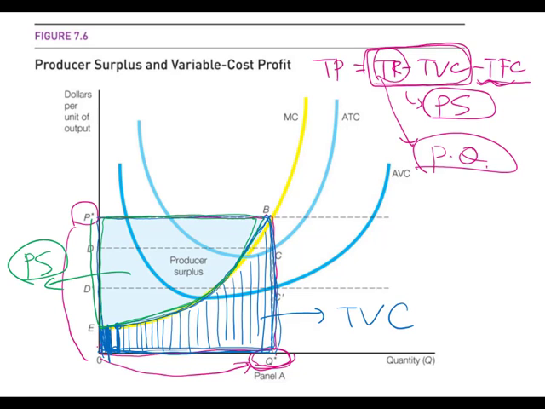As you see here, once you have the marginal cost curve and price line in the market, you can easily see the size of producer surplus. That's one of the reasons why many economists or business people use this concept of producer surplus, as it is not only easy to see on the graph, but also intuitively something that as a manager you can change in the short run, critical to maximizing your profit.